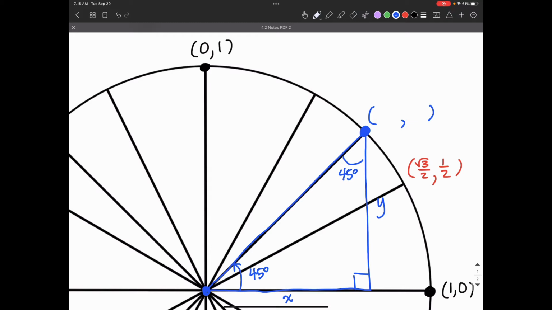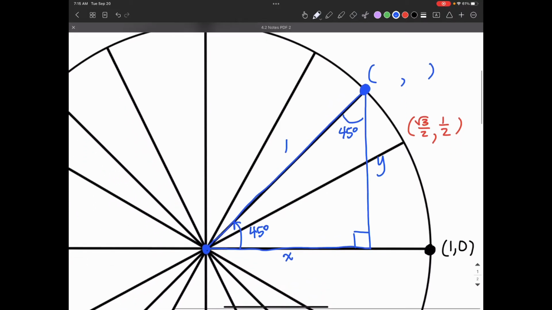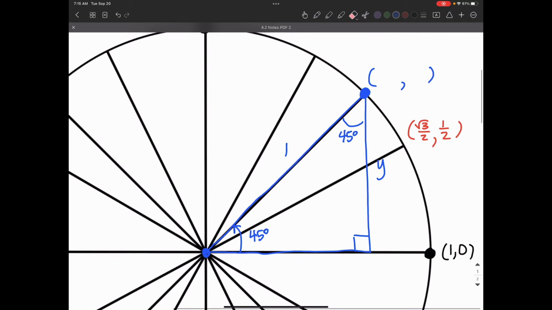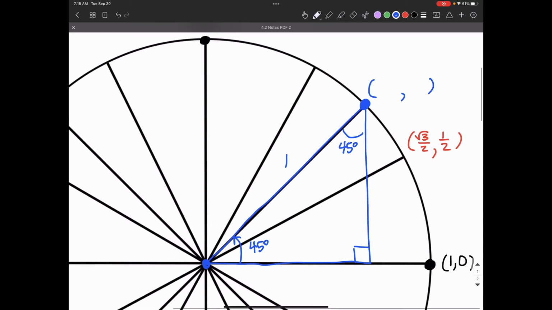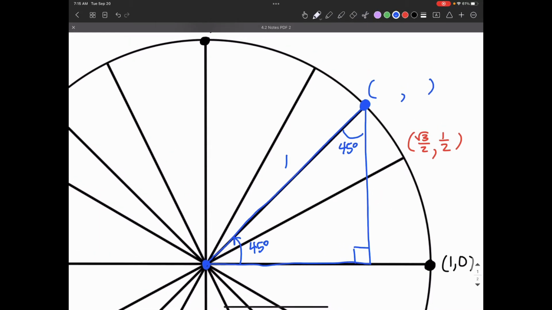I know the unit circle has a radius of 1, so the hypotenuse of this right triangle that I create is 1. And then I know based on what we did yesterday, if you look at your notes from 4.3, this would be the square root of 2 over 2, and this would be the square root of 2 over 2. Those are the side lengths.